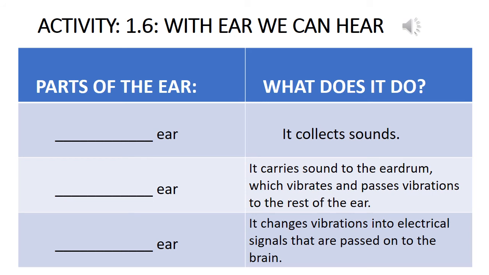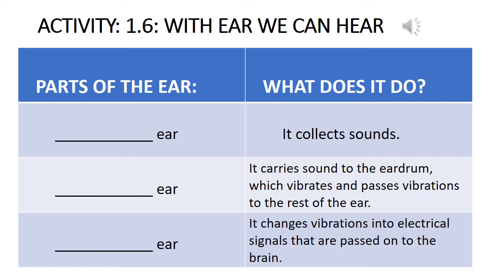It carries sound to the eardrum, which vibrates and passes vibrations to the rest of the ear. Now, a part which carries the sound from the ear canal to the eardrum, and which vibrates and passes vibration to the rest of the ear. Write the name of that part in the second row of the first column.